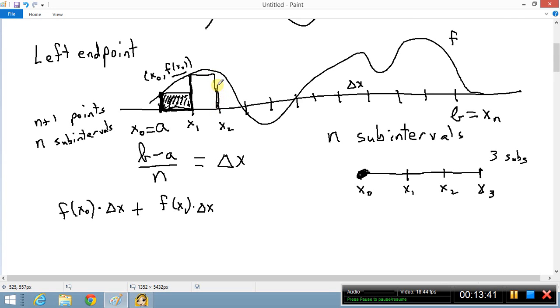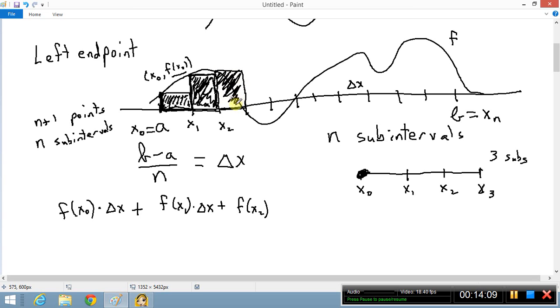And you multiply those two numbers together, the y value and the delta x, and you get the area of that rectangle. Do it again for the next point. F of x2 would be this y value. You go all the way up to the curve, and then you multiply it by delta x, which is that big, and you get the area of this rectangle.